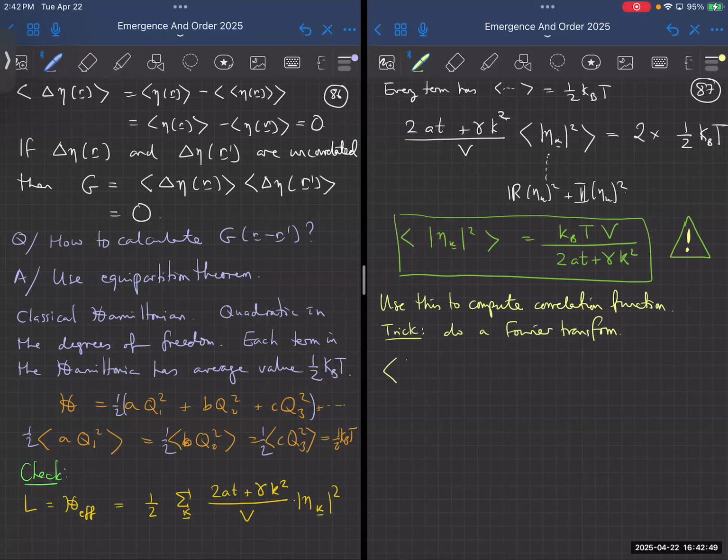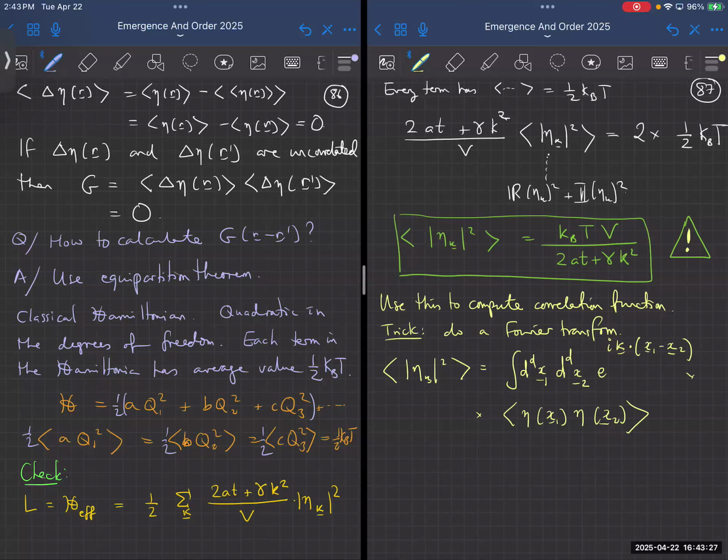I claim that if I take eta of k squared, then this thing is equal to the integral dx1 dx2 e to the i k dotted with (x1 minus x2) times eta of x1 eta of x2.